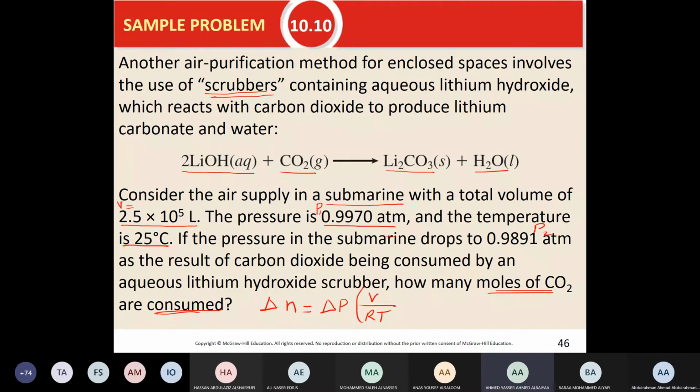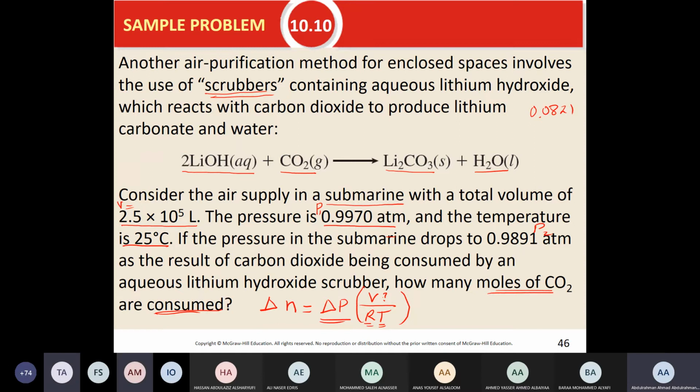What is the volume? 2.5 multiplied by 10 to the power 5. What's the temperature? 298.15. R is 0.0821, don't forget it. What's delta P?